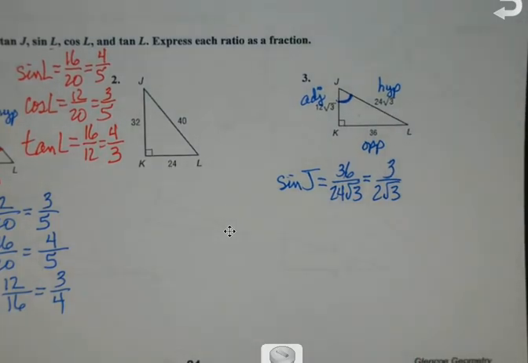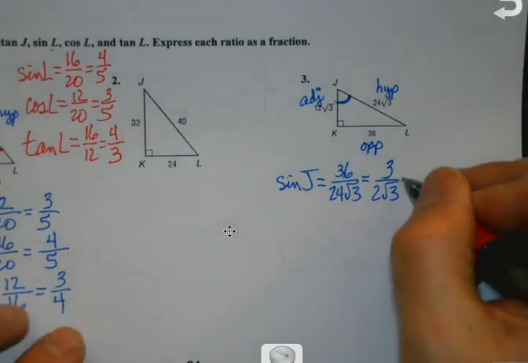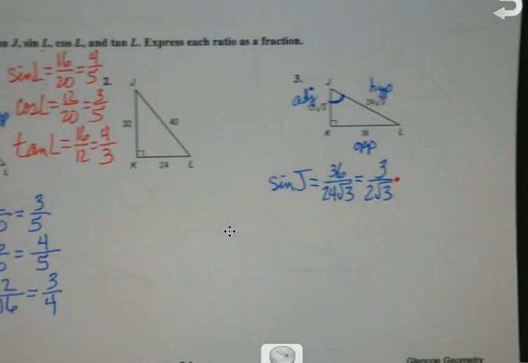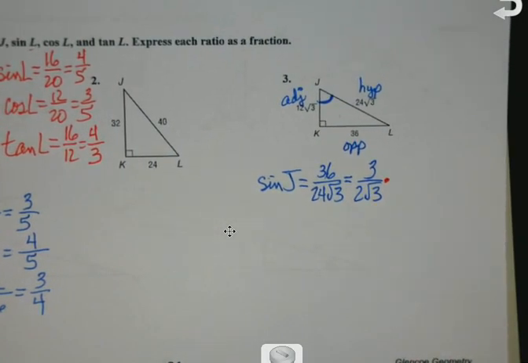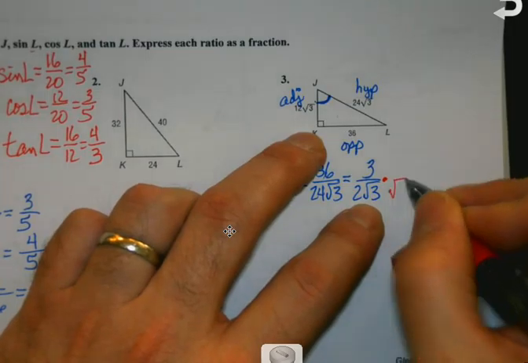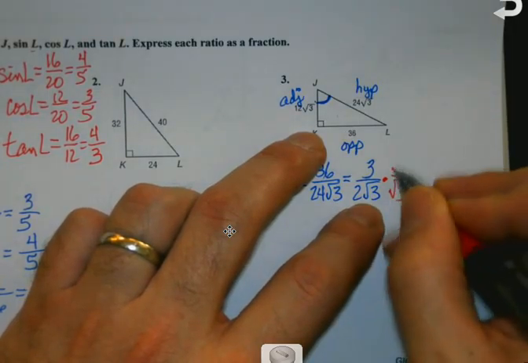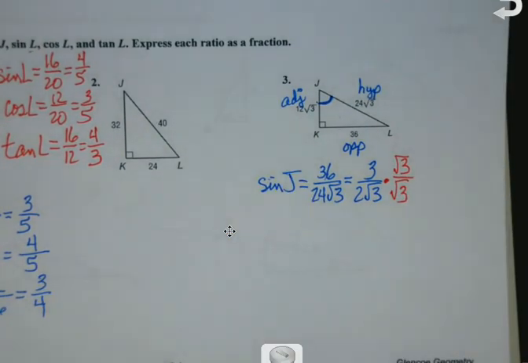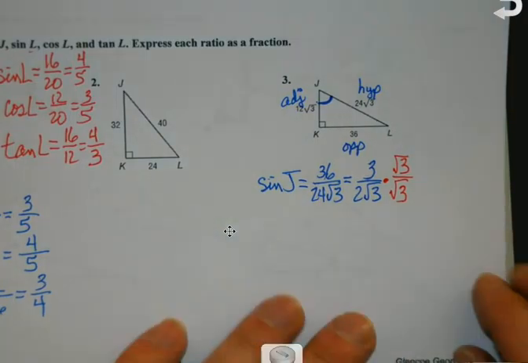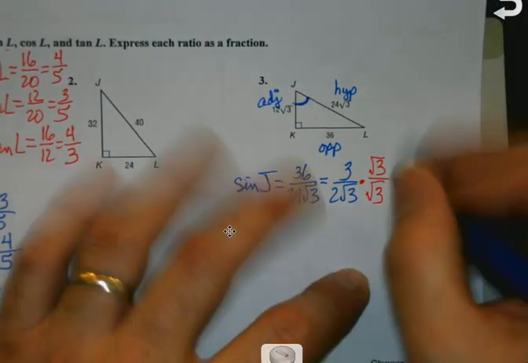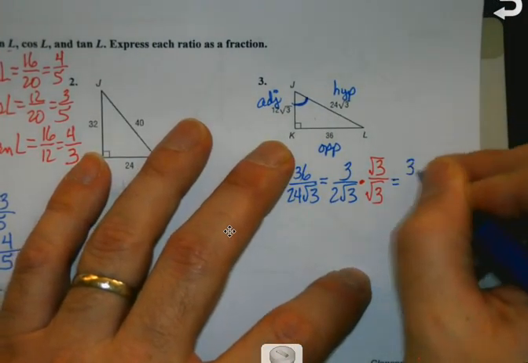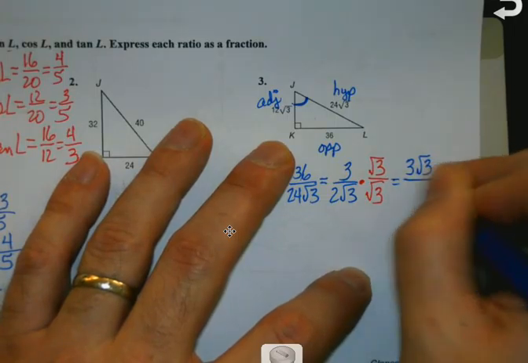So here's how I fix that. And we've done this earlier. It's called rationalizing the denominator. And to do that, we're going to multiply the numerator and denominator by whatever that radical is. So here's how that's going to help me. Up in the numerator, I've got 3 square root of 3.